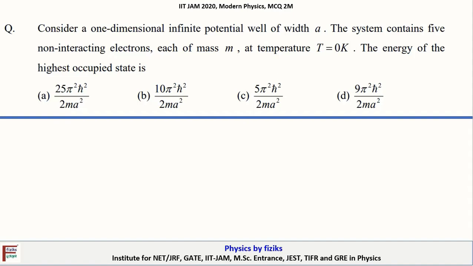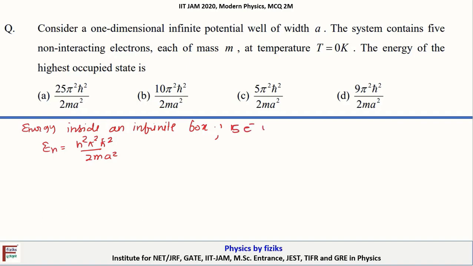So energy inside an infinite box is En equals n square pi square h square by twice m a square. We are having 5 electrons which are to be distributed.